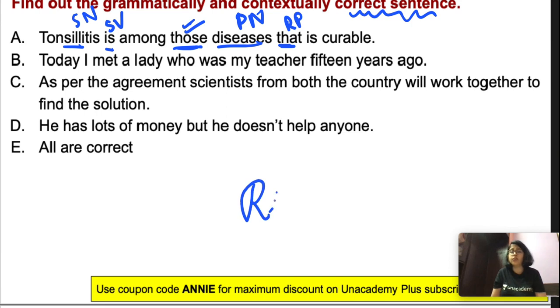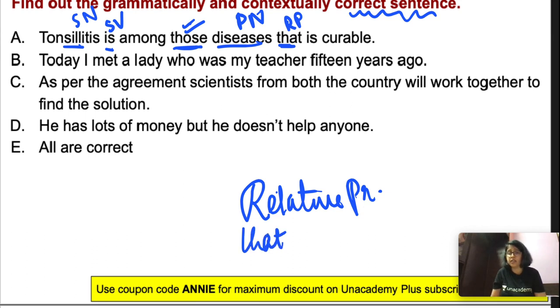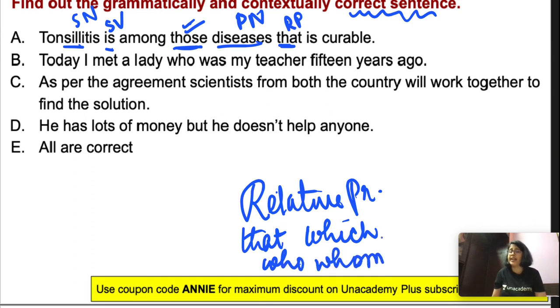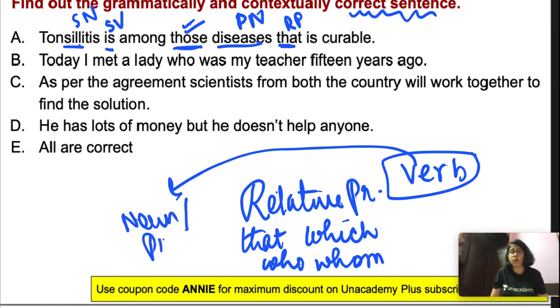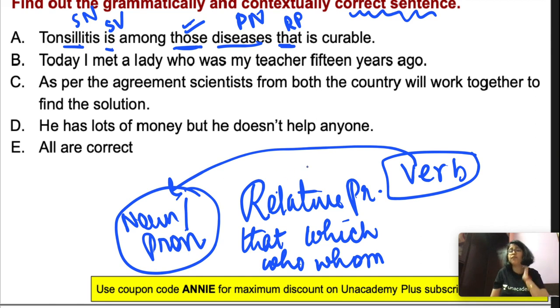Now whenever you use a relative pronoun, first of all, which are the relative pronouns? That, which, who, whom. These are relative pronouns. Whenever you use a relative pronoun, the verb agrees with the noun or the pronoun that comes exactly or just before the relative pronoun.